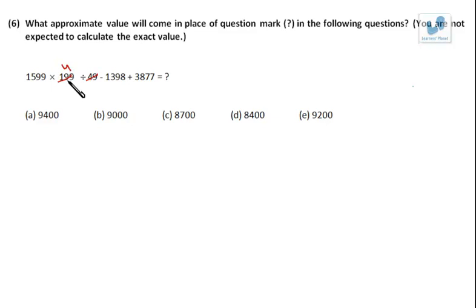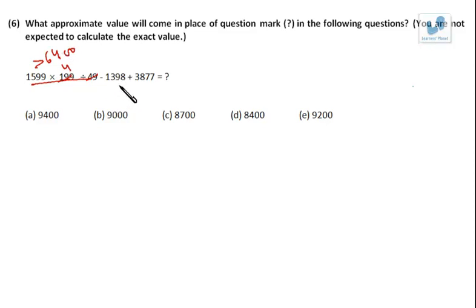Our actual answer will be a bit more than 6400, because we have increased 1 over here and 1 over here, but in percentage terms it is around 2%, which is very nominal. So it's a bit more than 6400 actually, right?